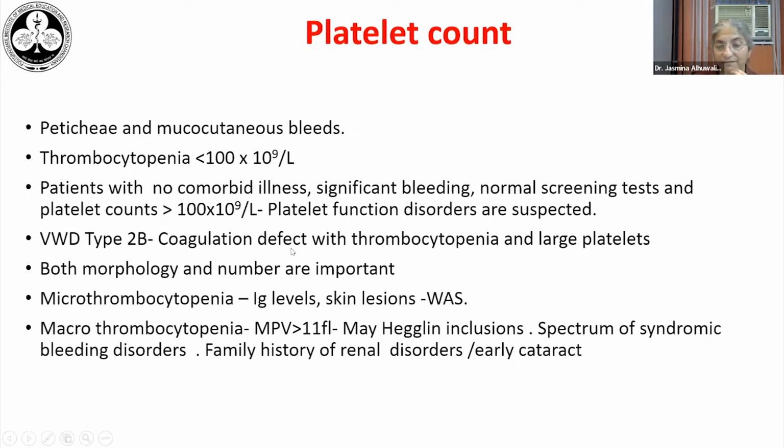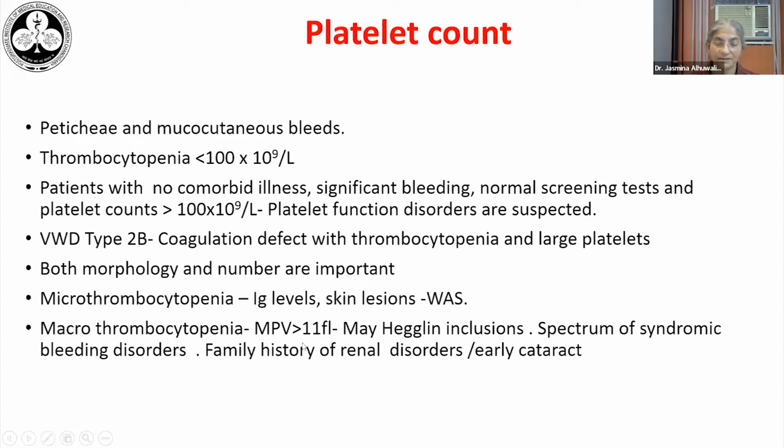Mostly coagulation factor defects have normal platelet counts, except for von Willebrand disease type 2B, where there is thrombocytopenia and large platelets. When we look at the platelets, it's important to even look at the morphology and the size, because small platelets are associated with Wiskott-Aldrich syndrome, which may be associated with skin bleeds, dermatitis, and abnormal immunoglobulin levels.